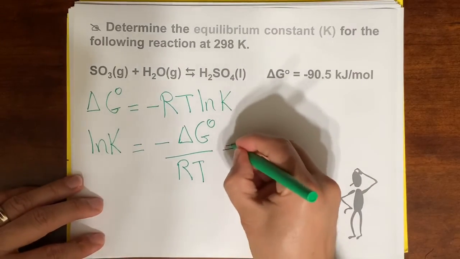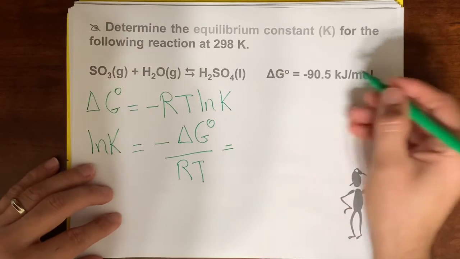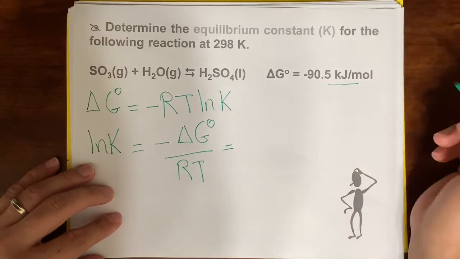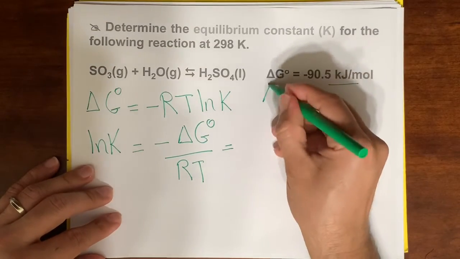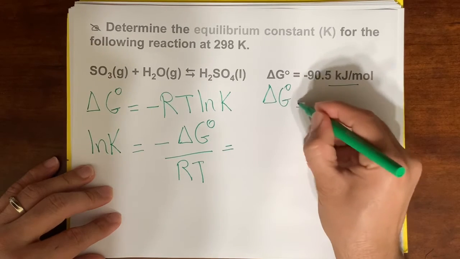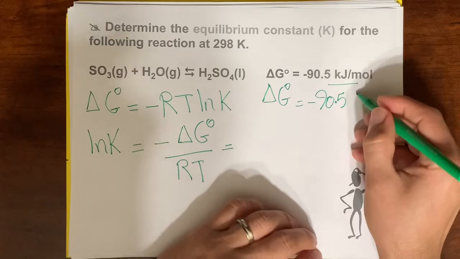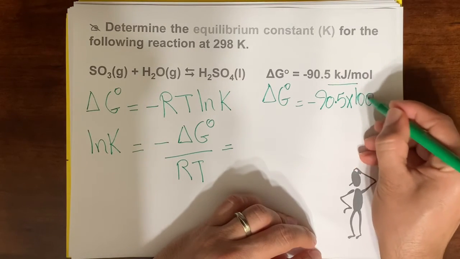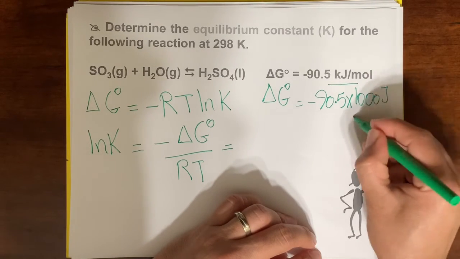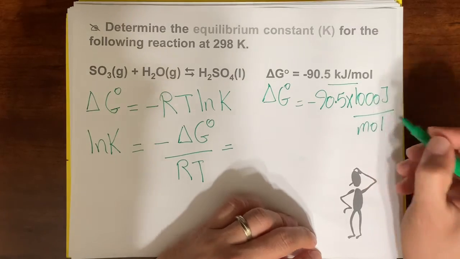I said delta G must be in joule, not kilojoule. So delta G0 is going to be minus 90.5. Multiply this one by 1,000 to make it joule, and then it will be joule over mole.